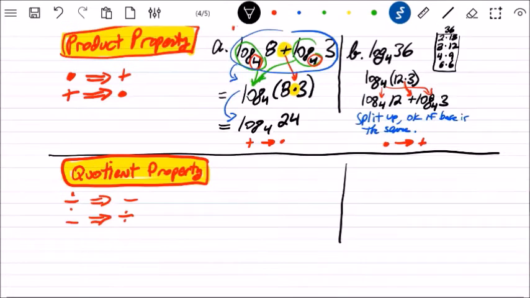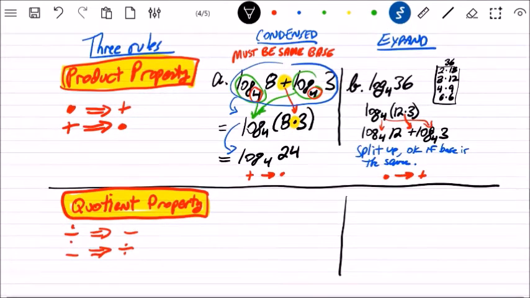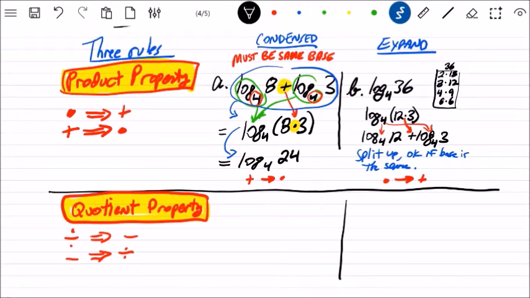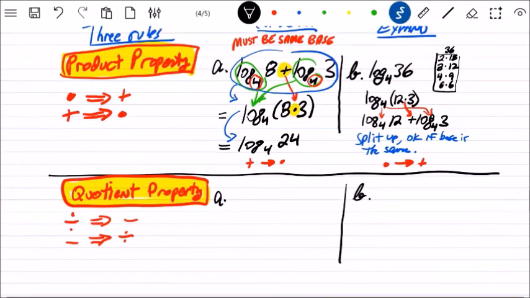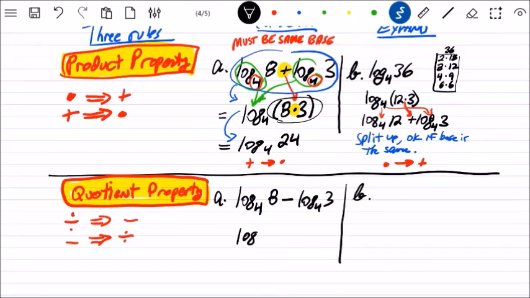Let's do a condensing now. We're going to do an A just like above and a B just like above for an expand, and let's use the same numbers. Log base 4 of 8, but now it's going to be subtract instead of add, log base 4 of 3. Following this rule, it's going to be log base 4 of 8 over 3.